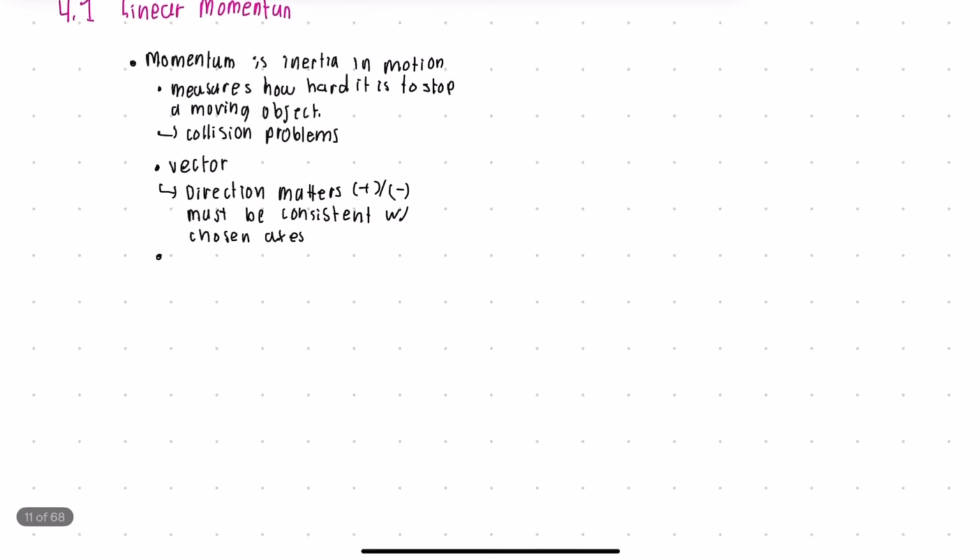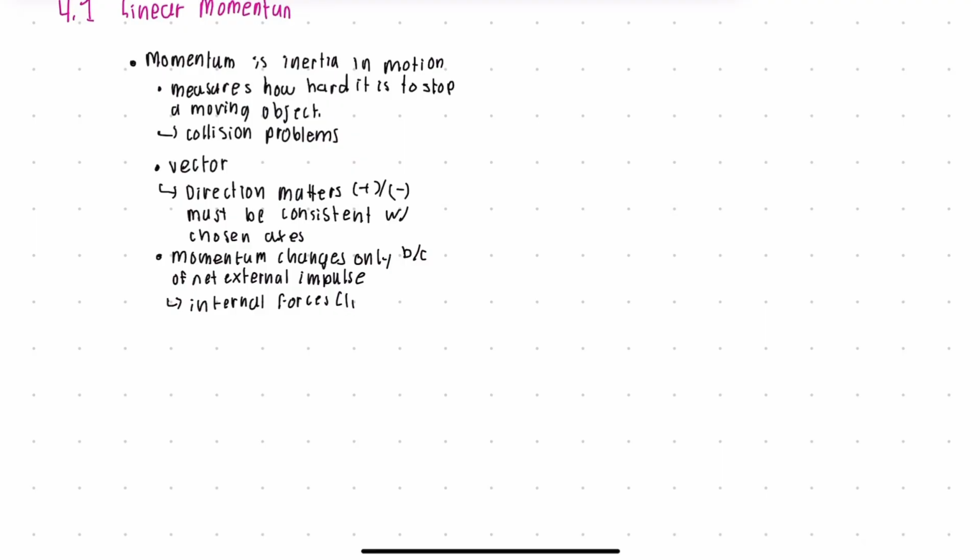Okay, so also, momentum changes only because of net external impulse. So this means that internal forces, for example, between colliding objects, cancel out.